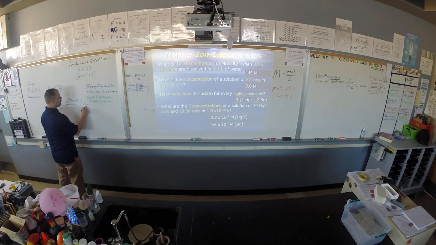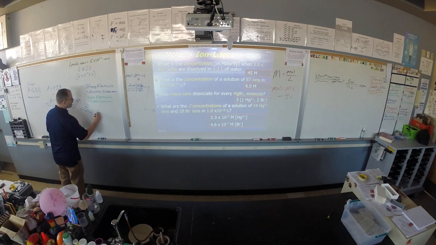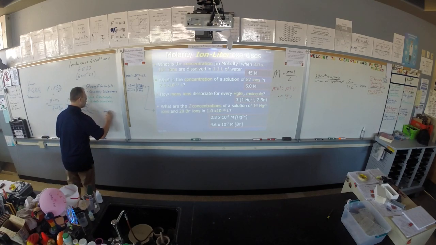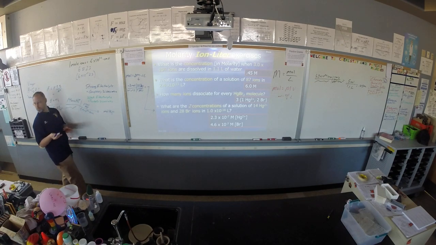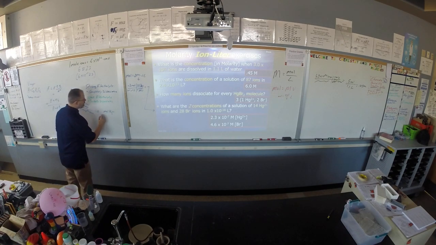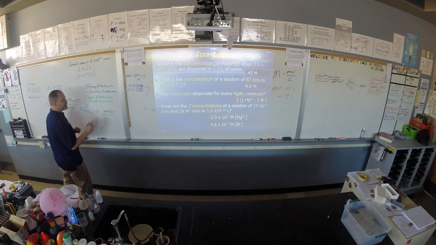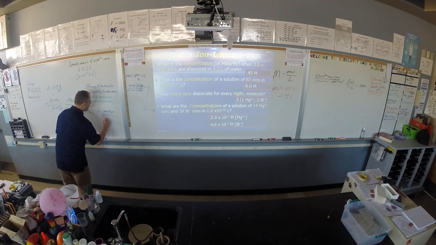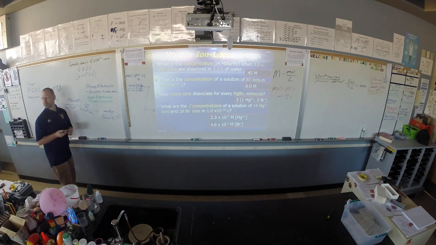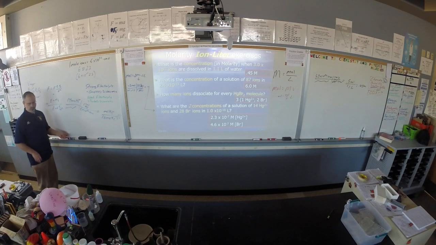So in this case, it's going to be the ion of mercury. So this is going to give you a mole of mercury 2+ ions. You're going to take the moles, and you're going to divide that by 1.0 times 10 to the negative 16 liters. And that's going to give you your concentration.